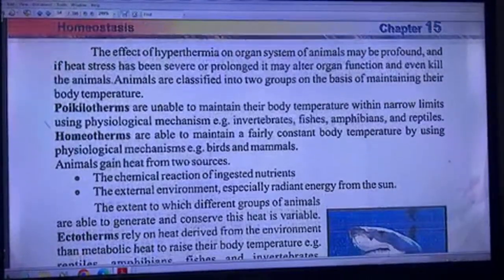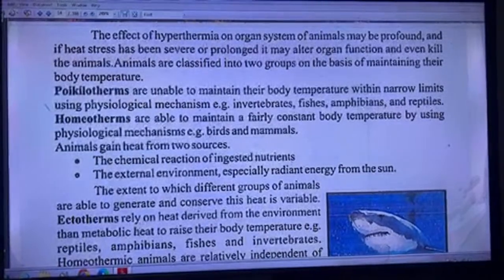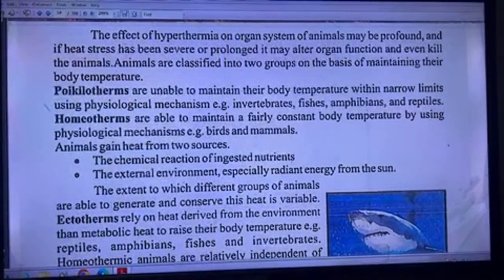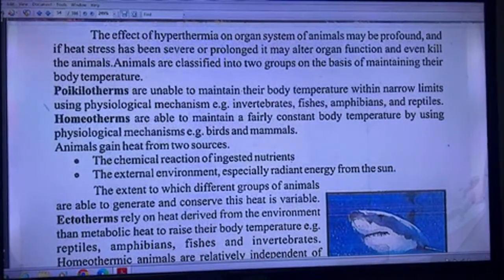The effects of hyperthermia on organ systems of animals may be profound. If heat stress has been severe or prolonged, it may alter organ function and even kill the animal. Animals are classified into two groups on the basis of maintaining their body temperature.